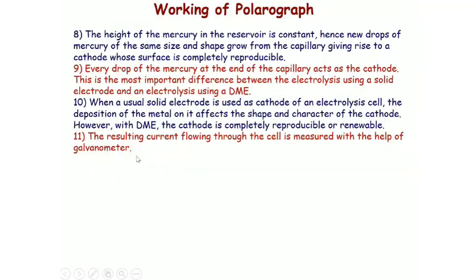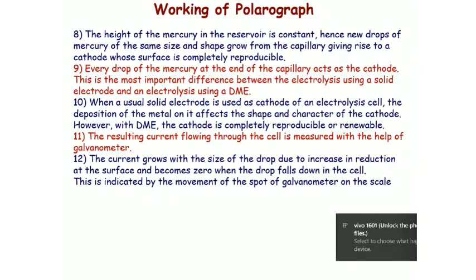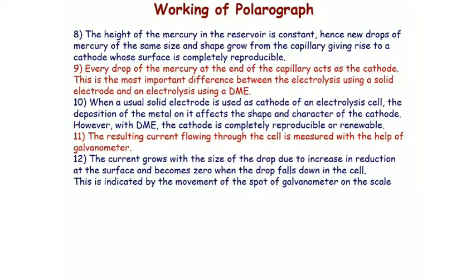Then the resulting current flowing through the cell is measured with the help of the galvanometer. The current grows with the size of the drop. When the drop is coming out from the capillary tube, at that time the amount of current increases with the growth of the drop. When the drop falls down to the bottom of the cell, the current becomes zero.